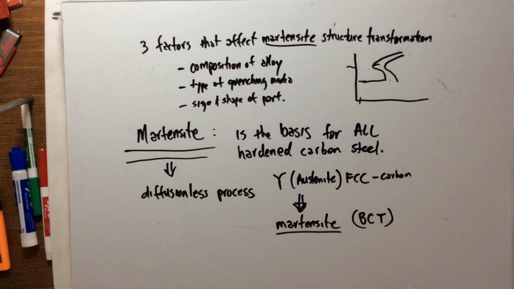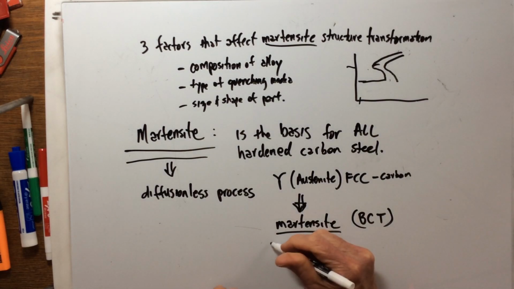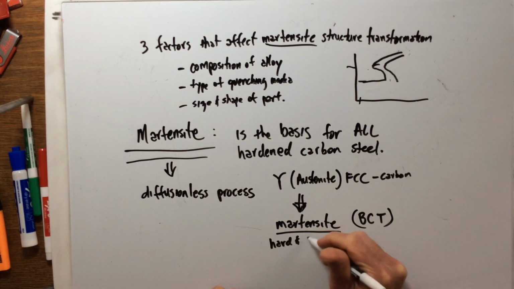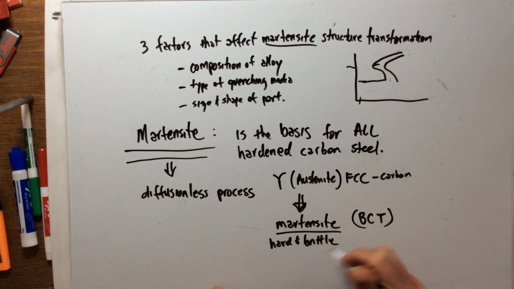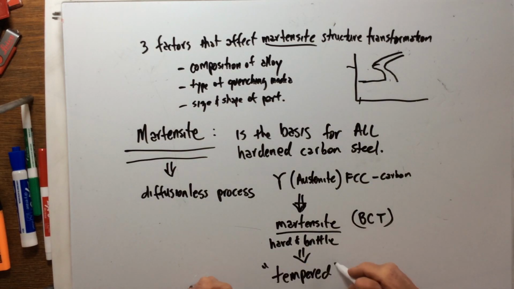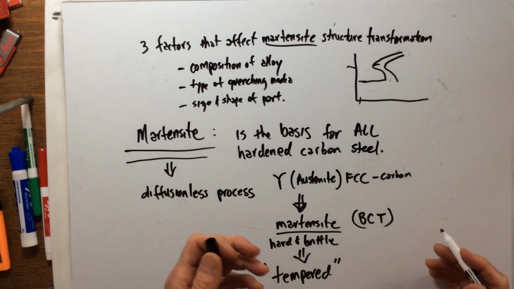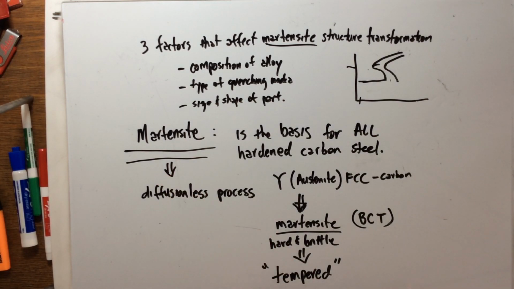And it is very, very hard, as we said before, very hard and brittle. And the only way we can use it is that it has to go back and be what we call tempered, which means we put it back in a furnace, but not the heat treating furnace to austenitize it. We put it in a furnace, depending upon the alloy, but usually somewhere around 350 to maybe as high as 500 degrees Fahrenheit, and let it soak for a particular period of time.